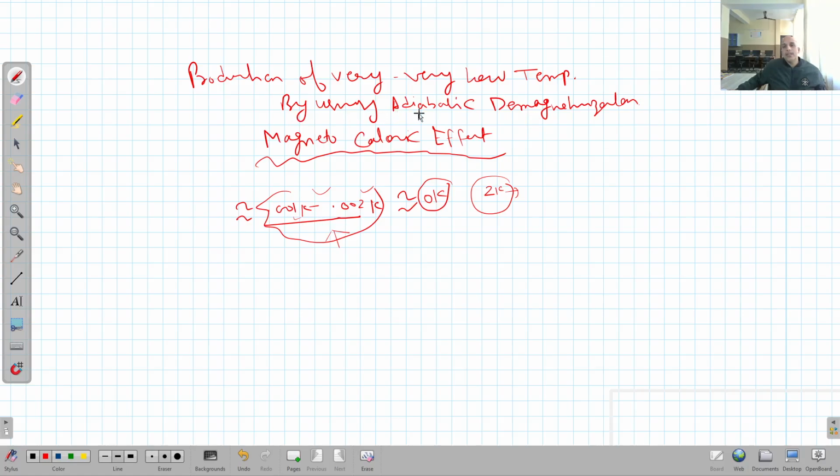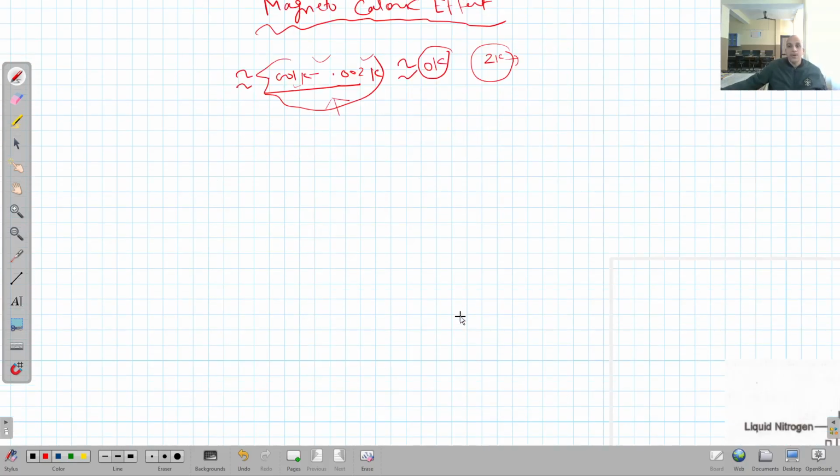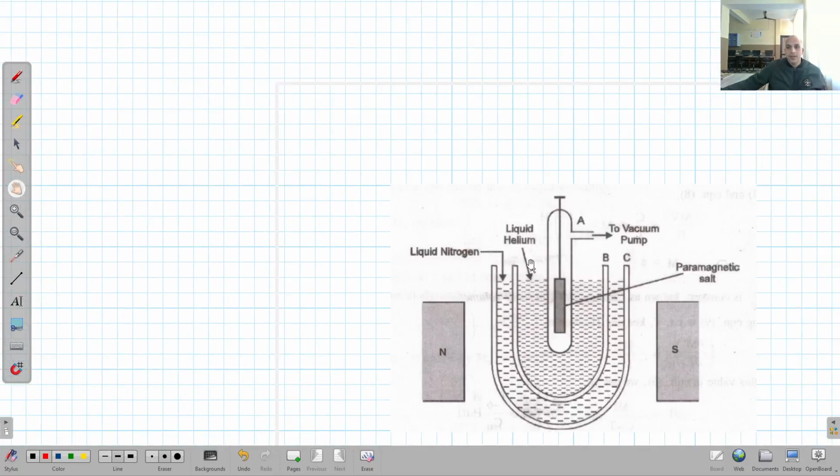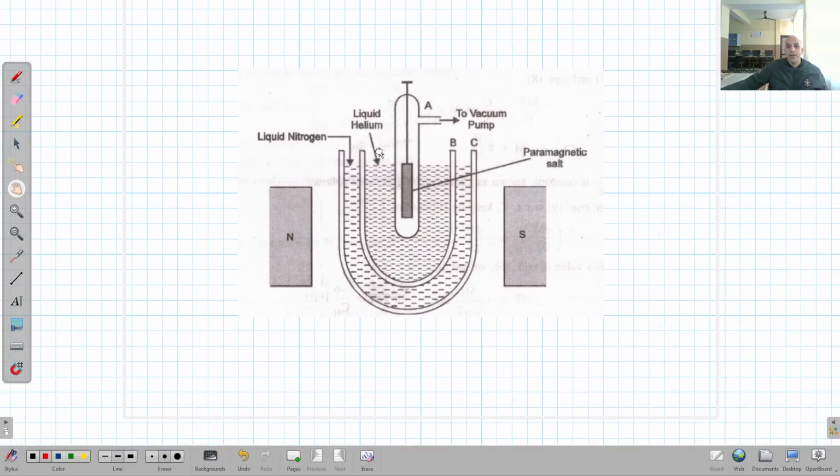Adiabatic demagnetization means the demagnetization where there is no exchange of heat between the system and the surrounding. Clear? We have seen it in the earlier lecture. So now I am going to show you the apparatus used for the production of this low temperature by utilizing this magnetocaloric effect.